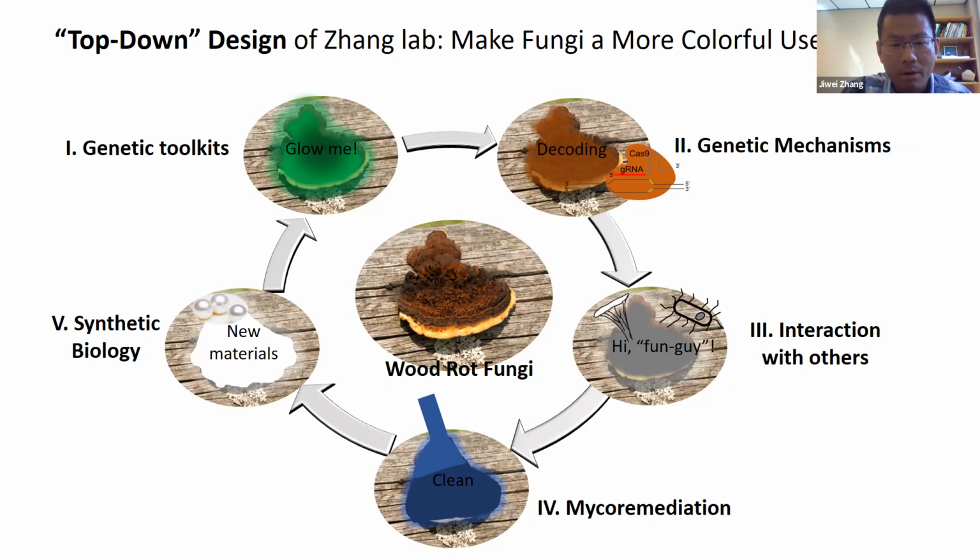I will talk about the brown rot fungus later in today's presentation. The brown rot fungi are a very unique group of fungi. They can very efficiently decay wood, so that's why we're interested in this group of fungi.